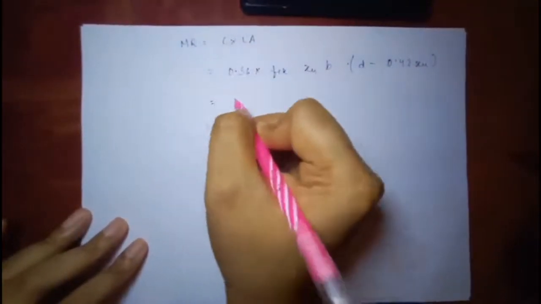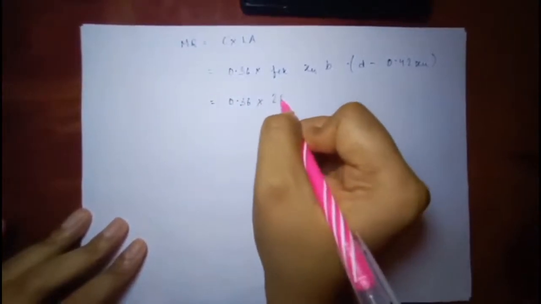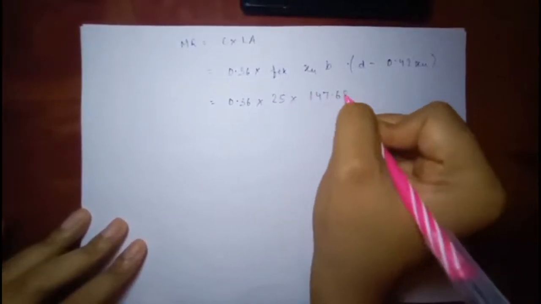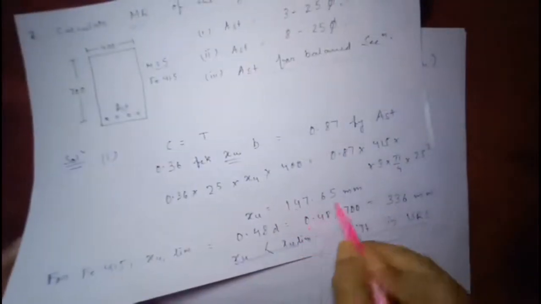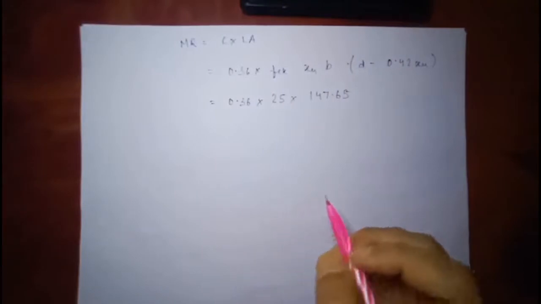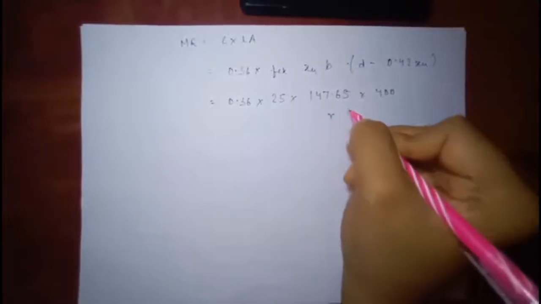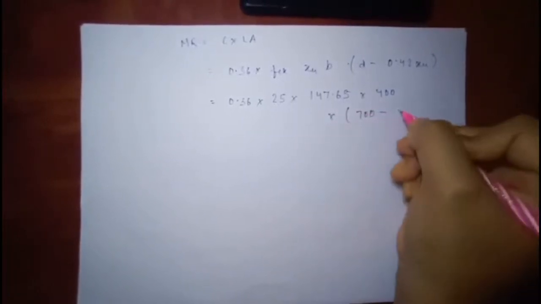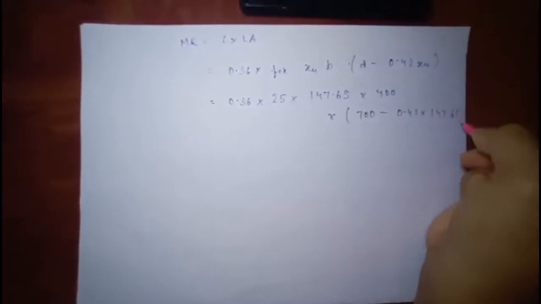So it is 0.36 multiplied by FCK is 25 multiplied by XU is 147.65, multiplied by width 400, multiplied by depth 700 minus 0.42 XU, again 147.65.